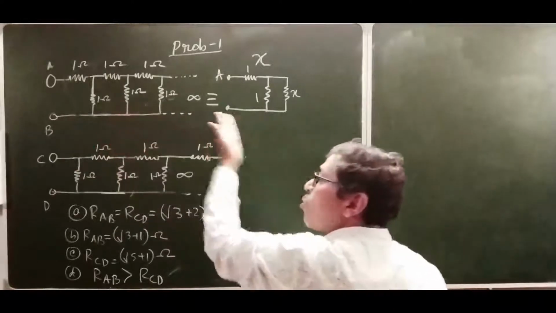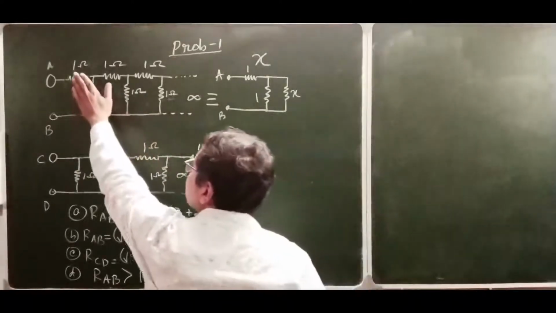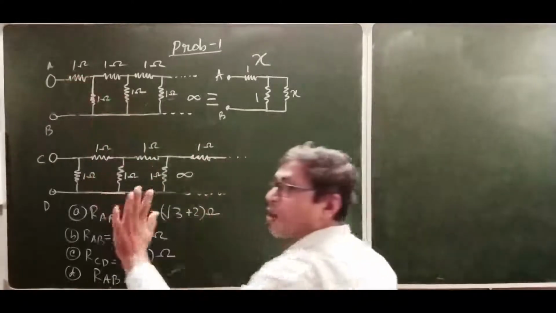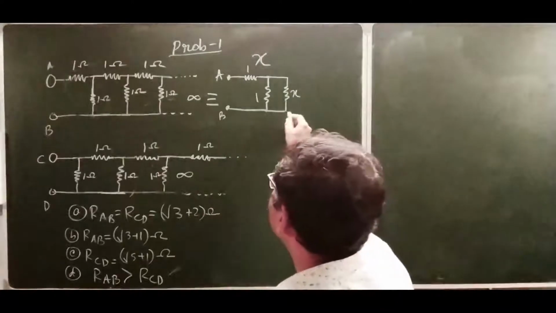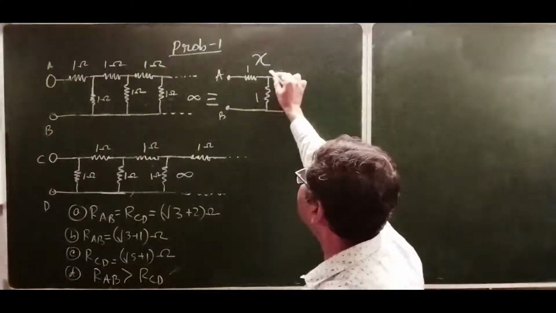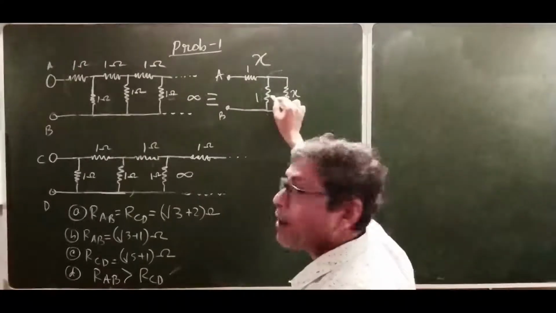Because there are so many resistances in this circuit, if you only remove one section, that will not affect the total resistance. So now you can easily calculate the equivalent resistance of these two, because these two are in parallel connection.